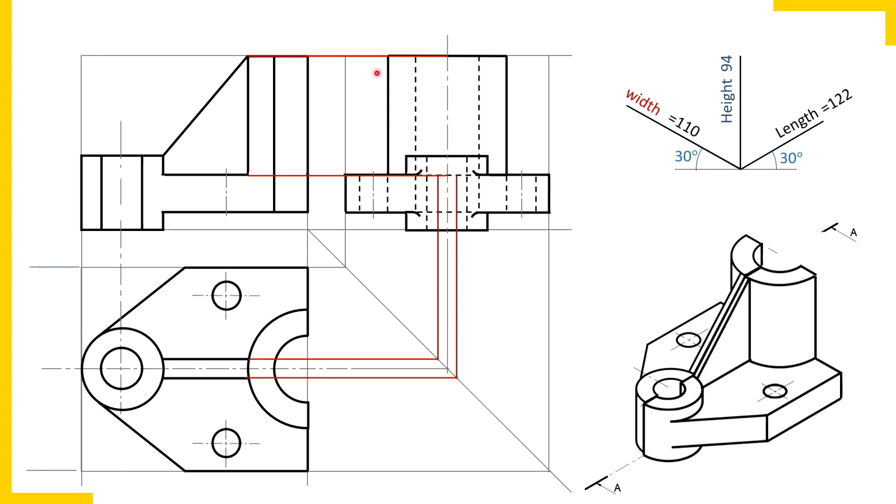So height vertically in the side view, width horizontally in the side view. Now we draw that 10 millimeter strip in between these two projectors, because whatever the height of the trapezoidal plate in the front view, the same height will appear here. That is why we have drawn these two red colored projectors. So this is how I have completed it.